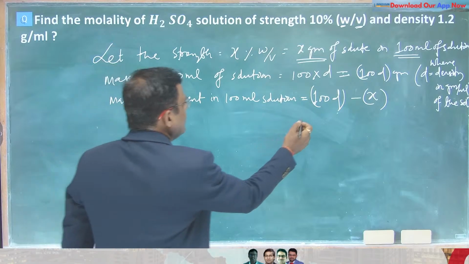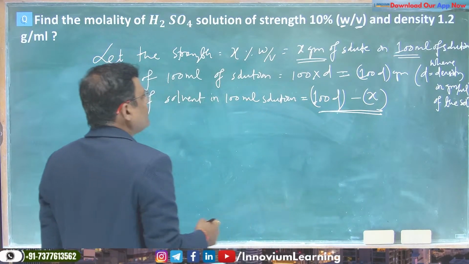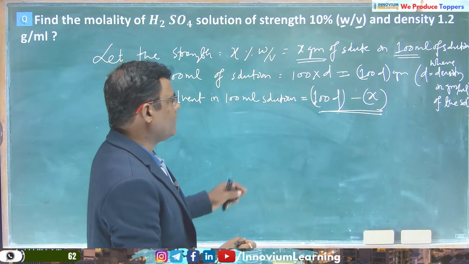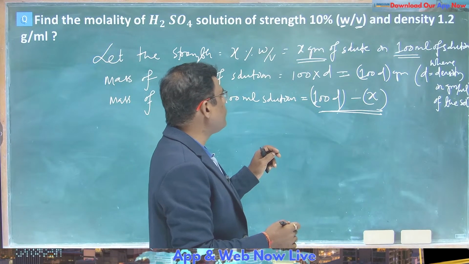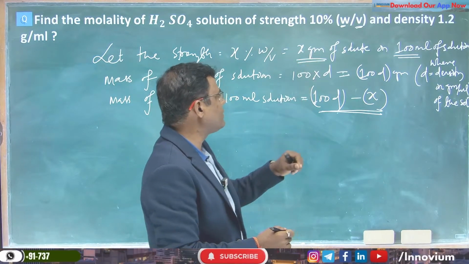So we get the mass of solvent, present in 100 ml of solution, and the mass of solute present in that 100 ml solution is x gram.